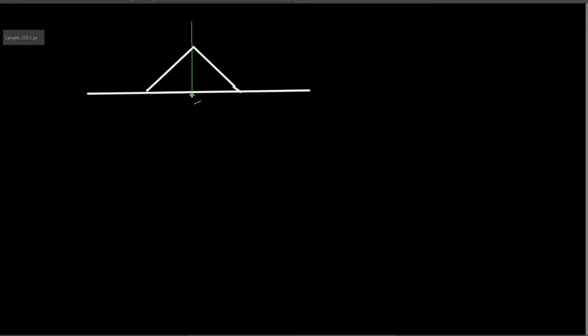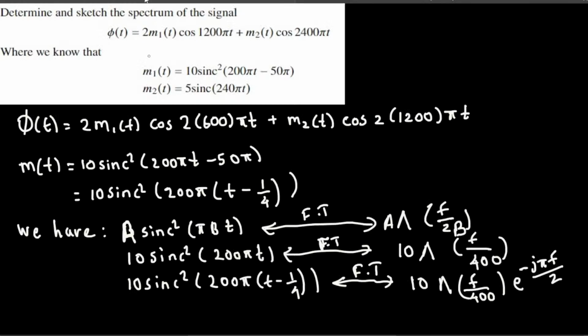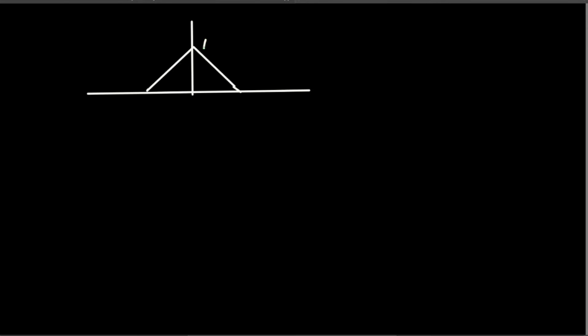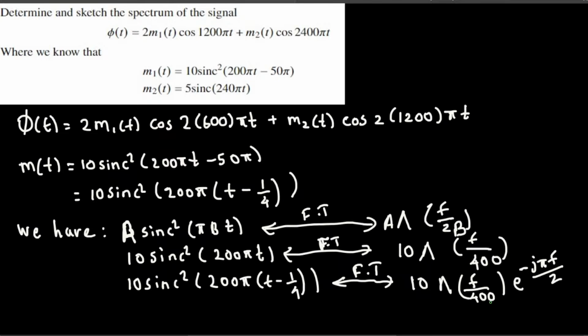So here we are going to have a triangular shape. The height is whatever the amplitude we have here, and the range is going to be based on the denominator under the f.